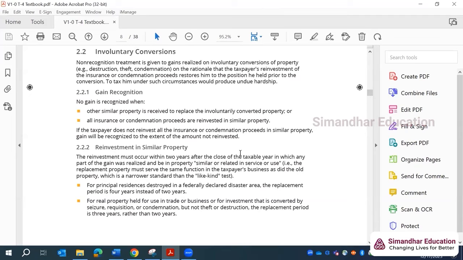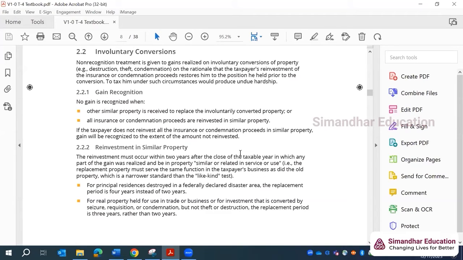Okay. Now, how do we defer the gain? That means when you involuntarily dispose of your property and if there is a gain, you may not have to pay taxes on that gain if you satisfy certain requirements. Now, what is that requirement?